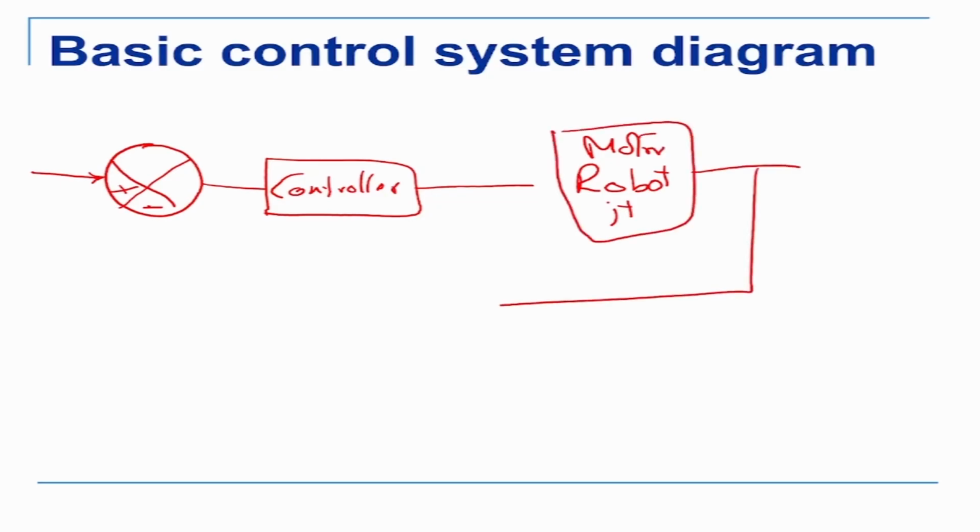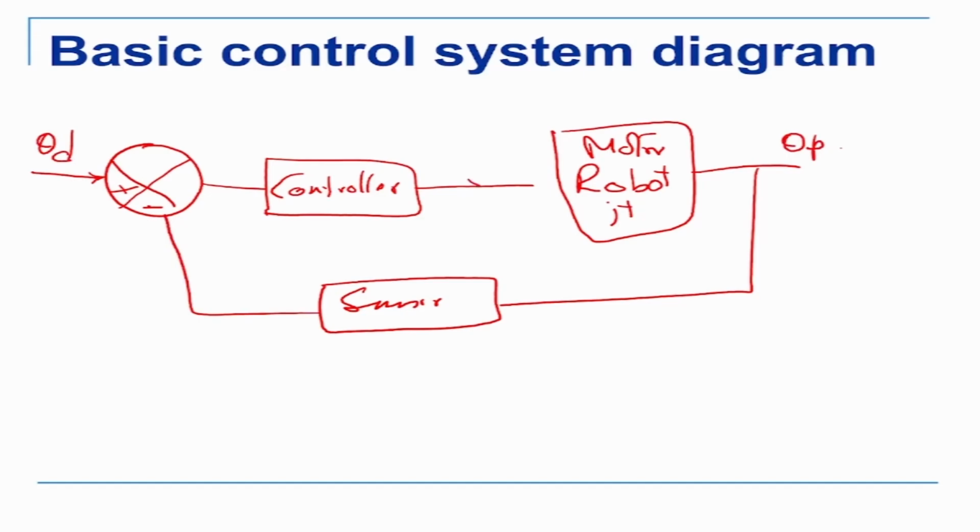It comes back, and here there is a sensor giving feedback. Whatever is my theta desired and theta present, it is going to go like this, and this is a comparator which is doing theta d minus theta p.